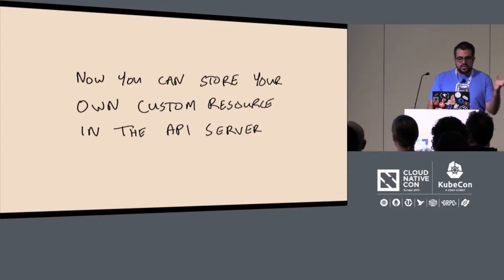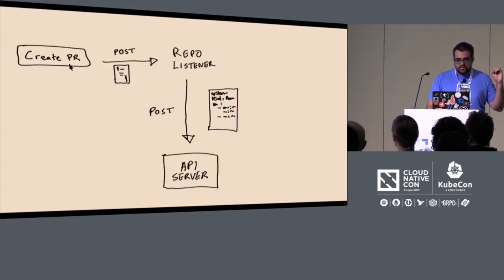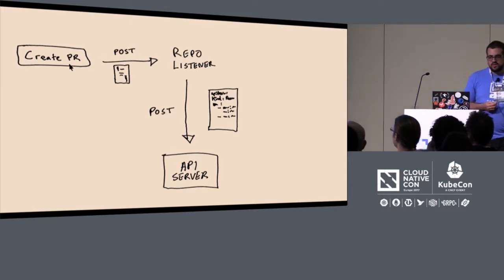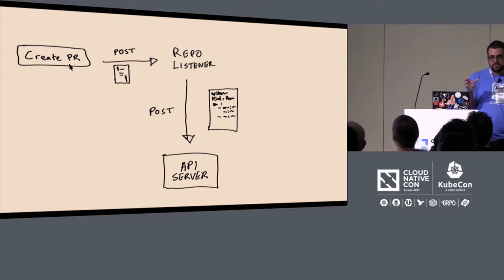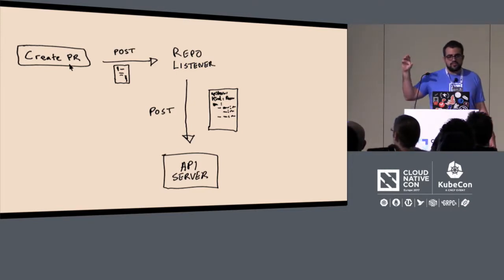So to come back to the actual architecture for this very, very simple example, when you click create a pull request, GitHub sends a webhook post to this repo listener, which is just a little service that's watching for a post request.